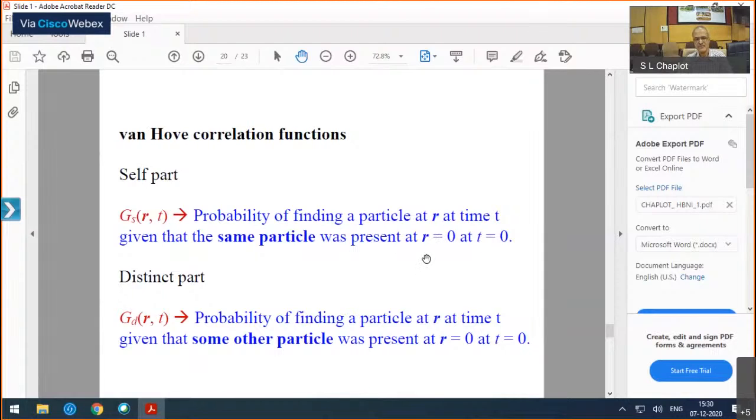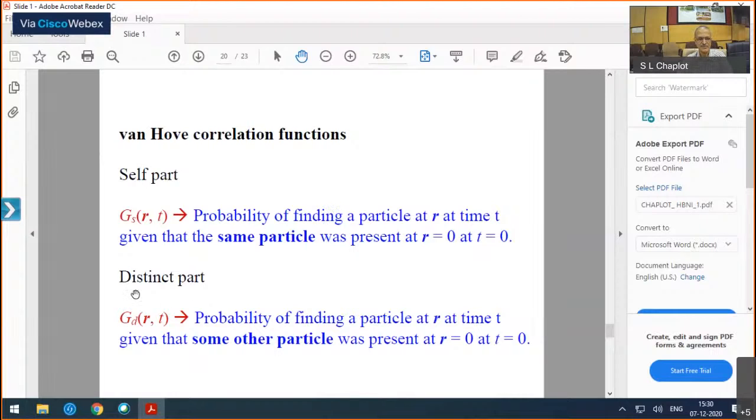This just shows how the particle's position evolves with time, and so that is called the self space-time correlation function. As you could notice, this quantity would be related to the incoherent scattering.